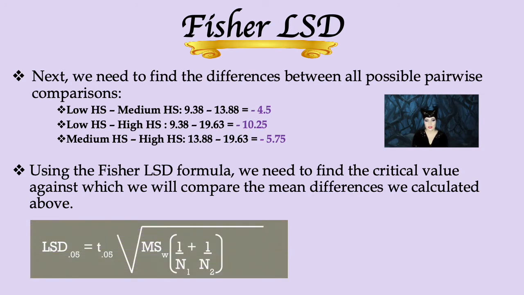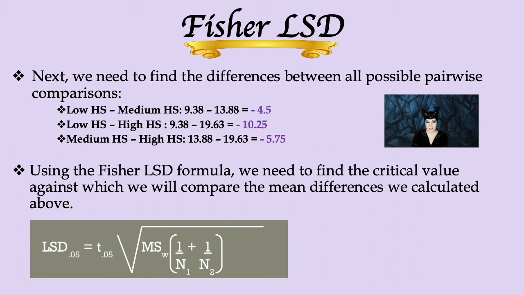If I subtract the low minus the medium group, I get a difference of negative 4.5. If I subtract the low minus the high susceptibility group, I get a value of negative 10.25. And if I take the difference of the last one, the medium minus the high susceptibility group, I get negative 5.75.